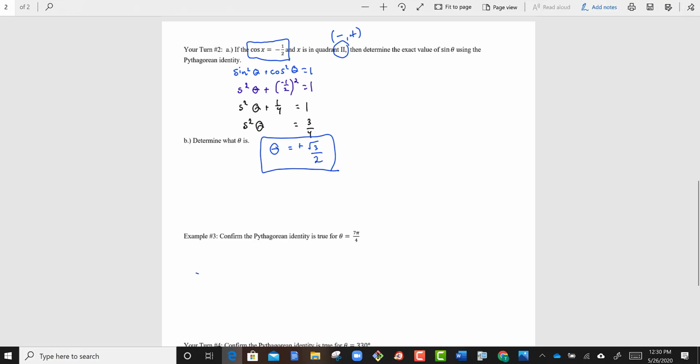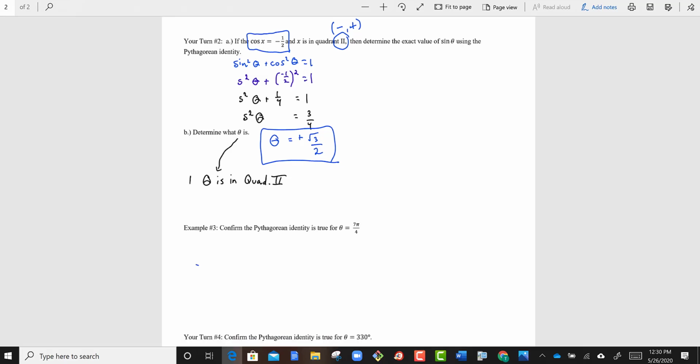See if you can use the unit circle to determine what theta is. So a couple of hints. Theta has to be in quadrant 2 because they told that to us in the original problem. And it has to have an x-coordinate of negative 1/2 and a y-coordinate of positive radical 3/2. If you have a unit circle, this couldn't be any easier.